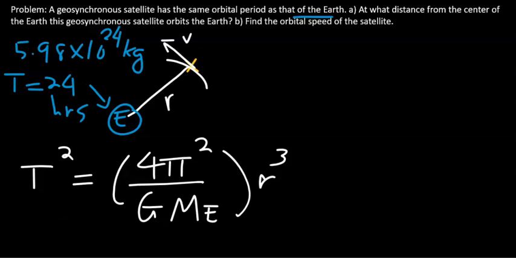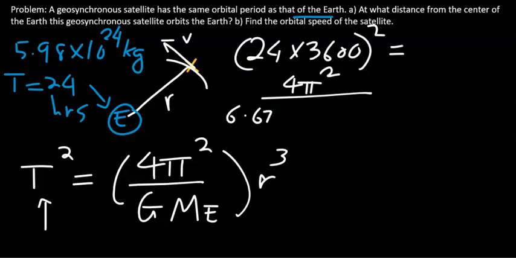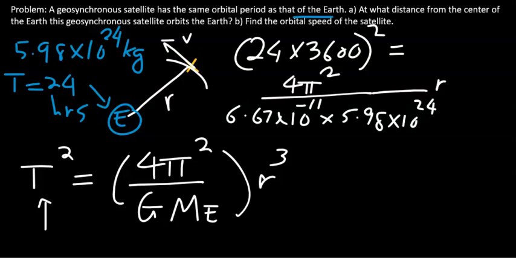T is 24 hours, so turning that into seconds, you have to multiply 3600 to it. Don't forget to square, the square that comes with the period, equals 4 pi squared over G, which is 6.67 times 10 to the power minus 11, times the mass of the Earth, which is 5.98 times 10 to the power 24, r cubed.